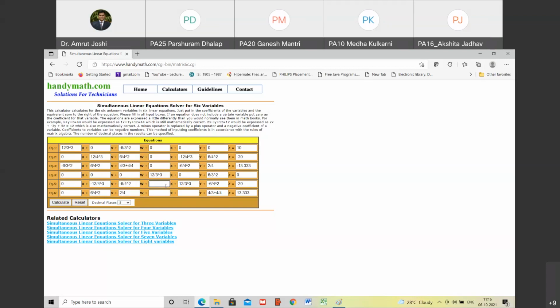Then this row is going to be 0 and 6 by 3 square, 6 by 3 square. And this row it is minus 6 by 4 square. Right? Calculate.